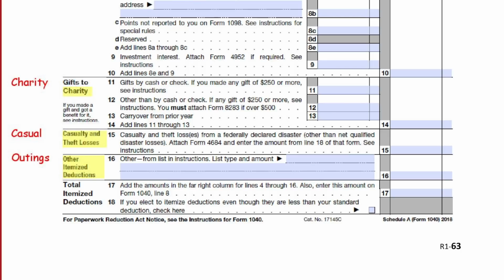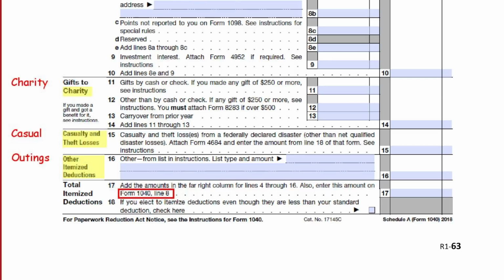Let's look at line number 17, which says add the amounts in the far right column for lines 4 through 16. Also enter this amount on Form 1040 line 8.